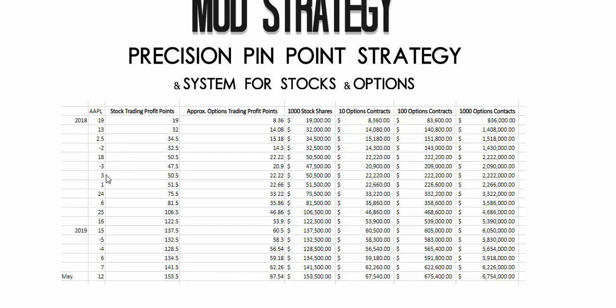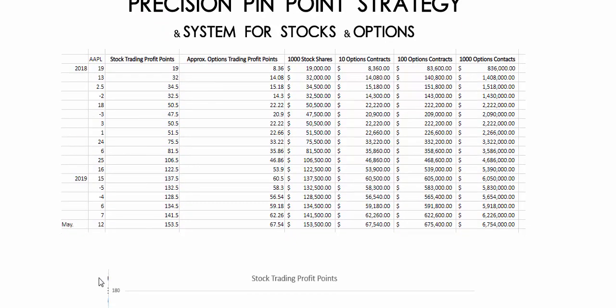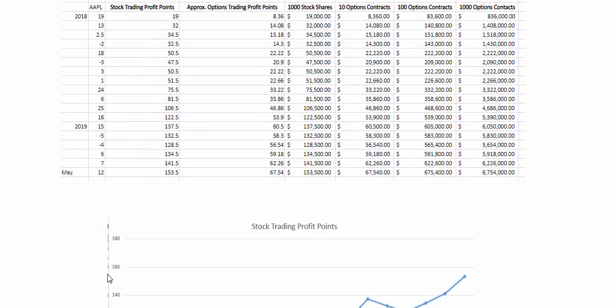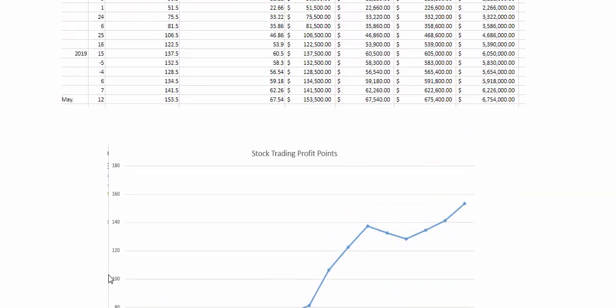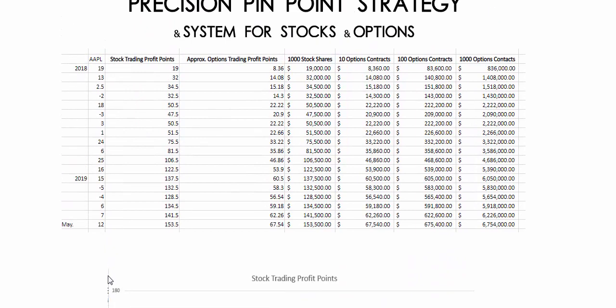Then we have a plus 18, then some putzing around, then a plus 24, plus 23, plus 16, plus 15. So these types of moves you can classify in the category of power trends for Apple.